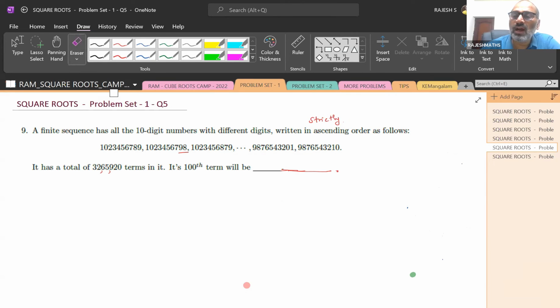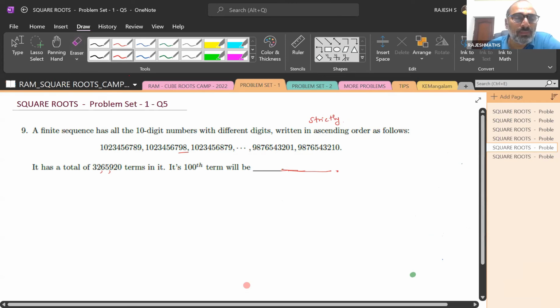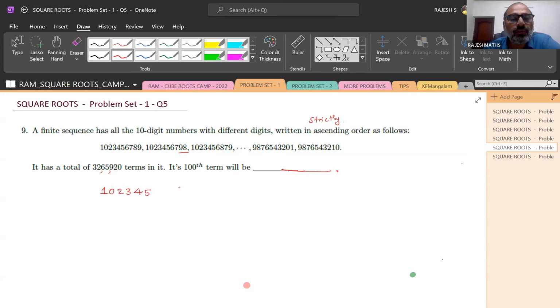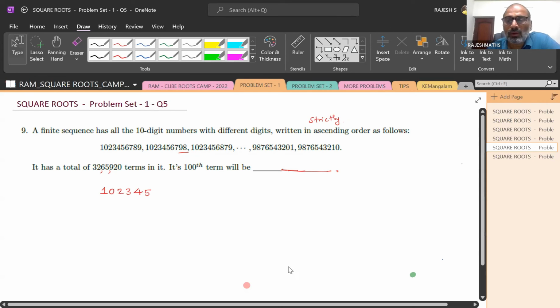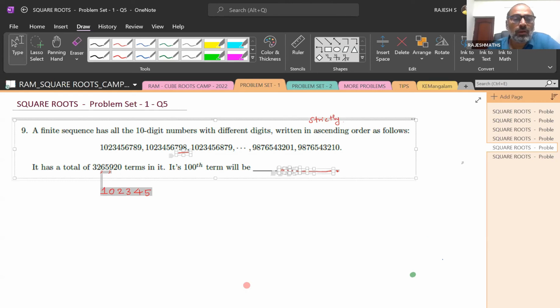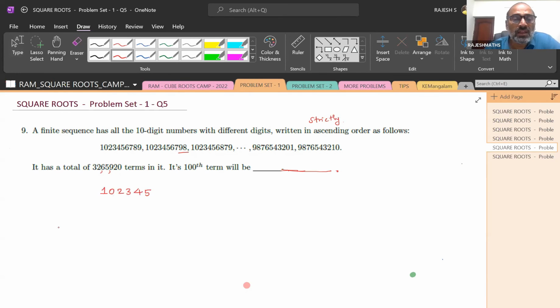What we want is the 100th term. Before that, the first term is 1, 0, 2, 3, 4, 5, and then the last terms will be 6, 7, 8, 9.